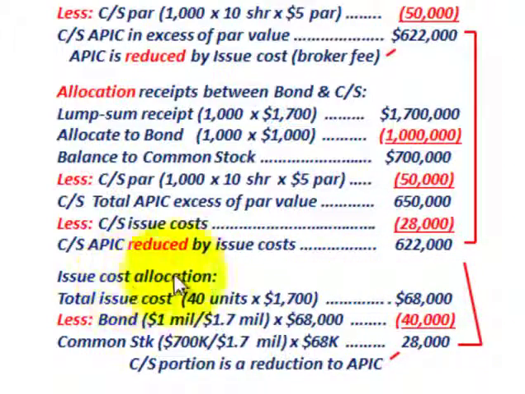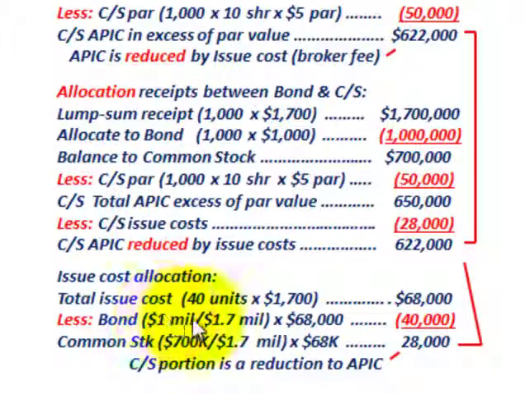So here's where we have our issue cost allocation. Our total issue costs, those were the 48 per unit that we have to give up to the broker, times 1,000 units, that's $68,000. So that's our total issue cost. Now this is where we do our issue cost allocation between our bond and our stock.